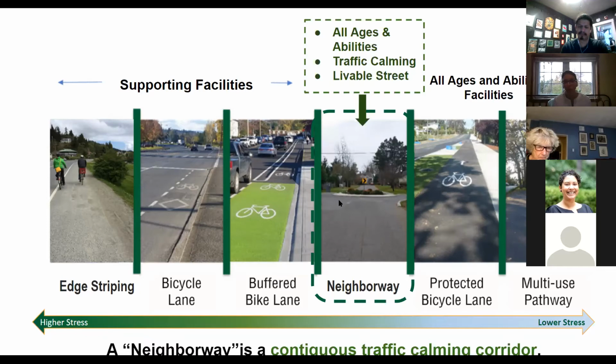Neighborways are yet better still. Protected bike lanes are even better because now there's actually a physical barrier rather than the bicyclists traveling in mixed traffic. And then fully separated mixed use paths and fully separated river paths are really the highest order. So this falls into that nice middle way. If we go to the next slide.